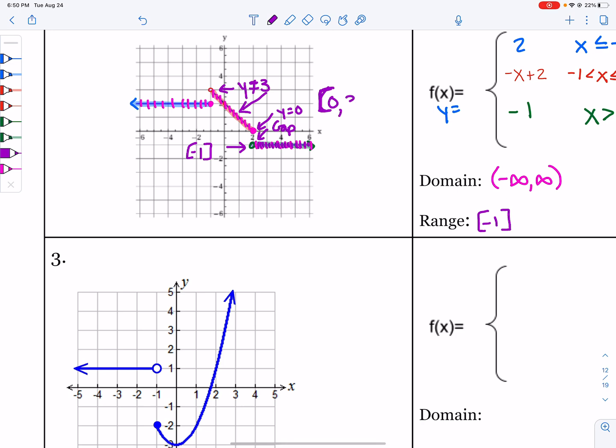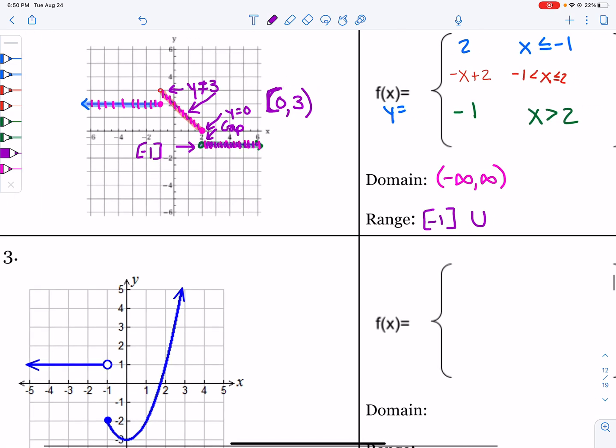Then it goes up to 3 and put a parentheses. So in math, we write a U, that means and. So it's from -1 is one of our parts of our range, and we put the little U symbol. It goes from 0 and it's equal to 0, so we put a bracket, and then it went up to 3, but it was not equal to 3.